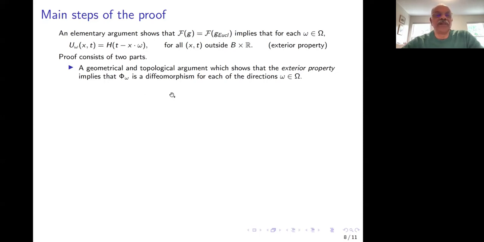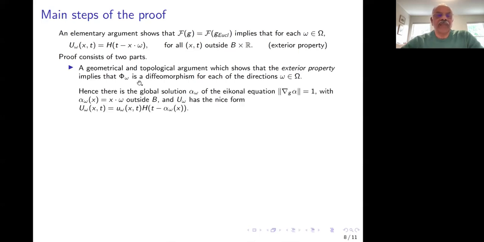Okay, so that's where a geometrical and topological part is needed. Okay, and once we have shown this, then of course there is a global solution of the eigenvalue equation, and the U omega has a nice form. So this is the first part, show that this exterior property implies that phi omega is a diffeomorphism. And that allows us to write the U omega in this nice form.